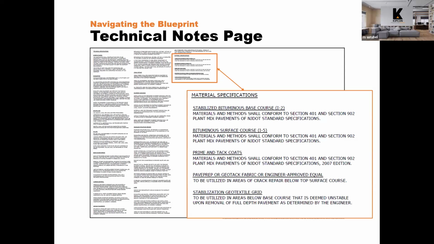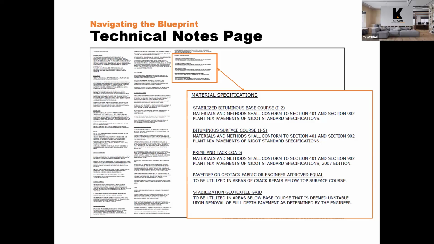There's notes on backfilling. You don't just throw dirt in a hole and pat it down and call it good. There are certain notes here on backfilling. It has to be backfilled in 6-inch lifts and compacted, and how densely does that need to be compacted. That's included here. You'll see material specifications here. In this case, this was a pavement project.